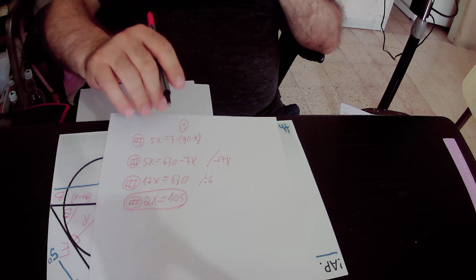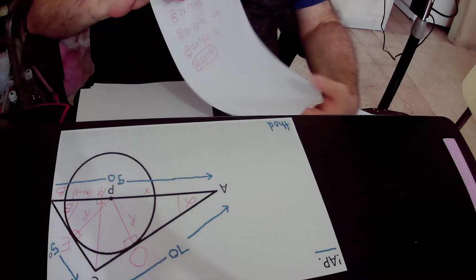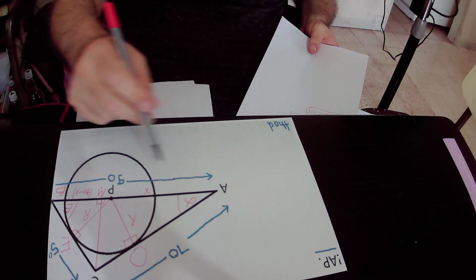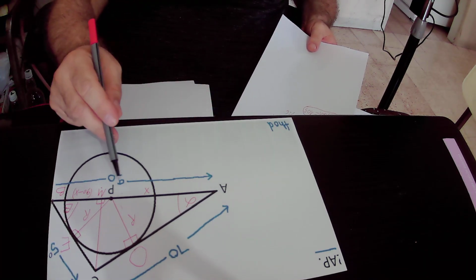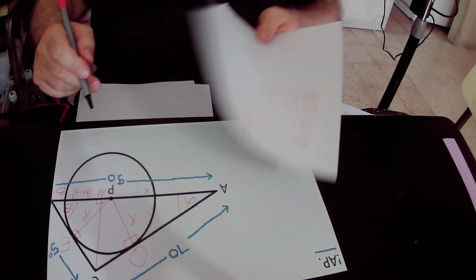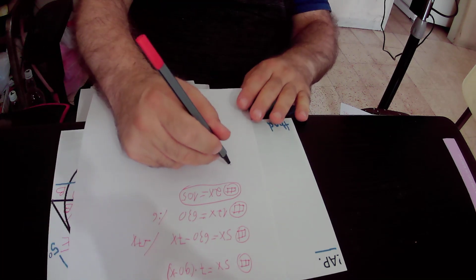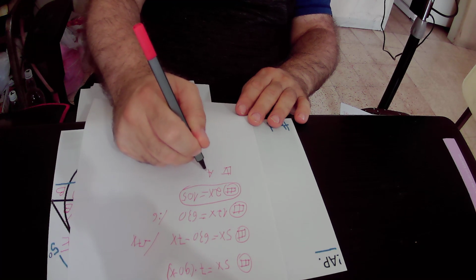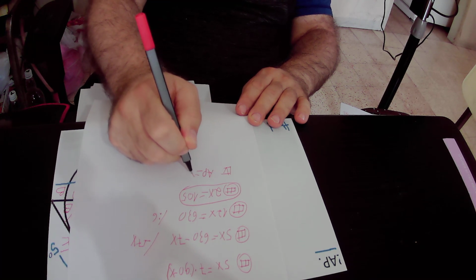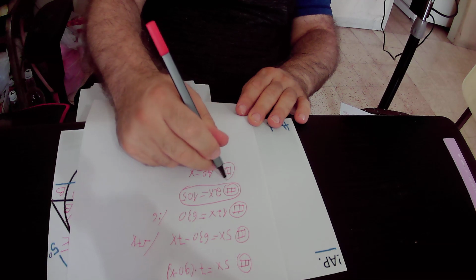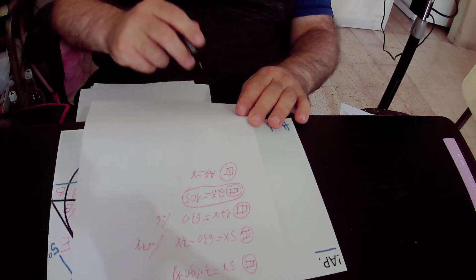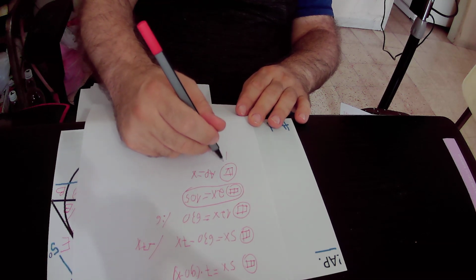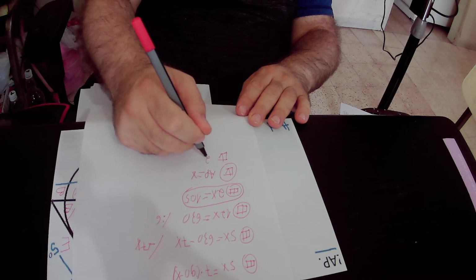But we also know, according to our definition, that AP equals x. So we create the fourth equation that states that AP equals x. This is according to our definition. So if AP equals x, 2 times AP equals 2 times x.